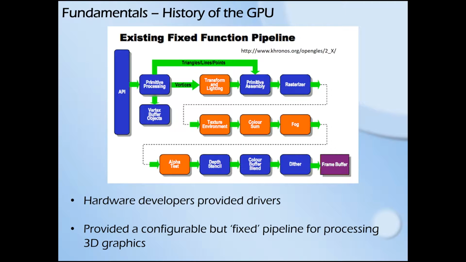This started off what we refer to affectionately as the fixed function pipeline. You have an API, an application programming interface, which has a series of different commands or functions or methods, whatever you want to call them, that allow you to basically turn things on, off, and set stuff up.